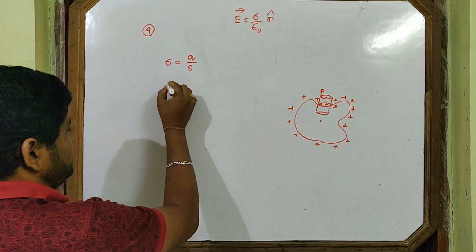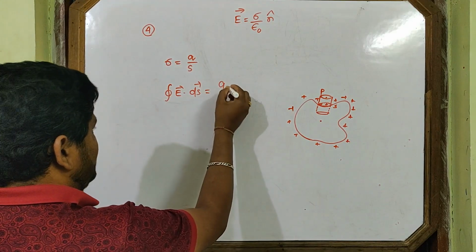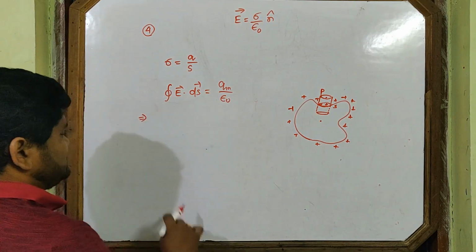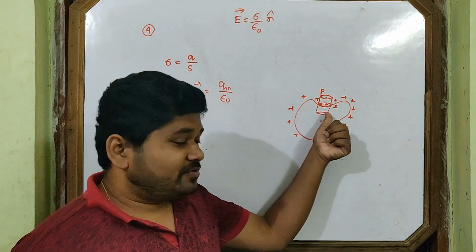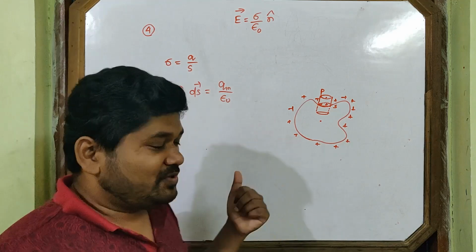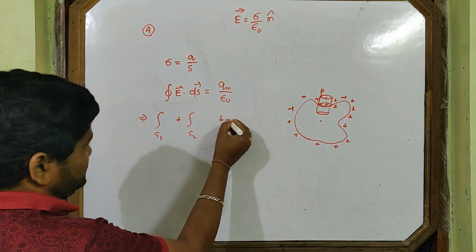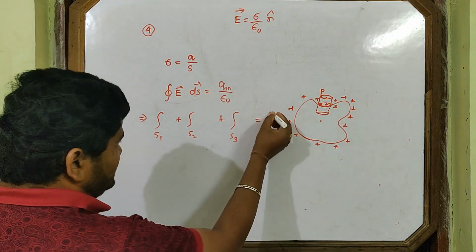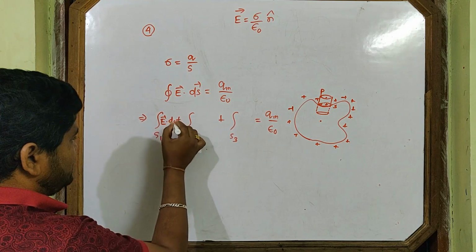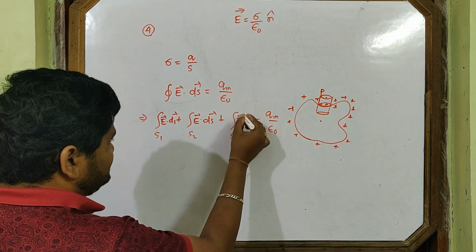So using Gauss law, closed integral of E dot ds equals q in by epsilon naught. Now this is a closed surface. You know when a cylinder comes, I always divide the cylinder into 3 surfaces, S1, S2, S3. So now put it here: E dot ds, E dot ds, then E dot ds.